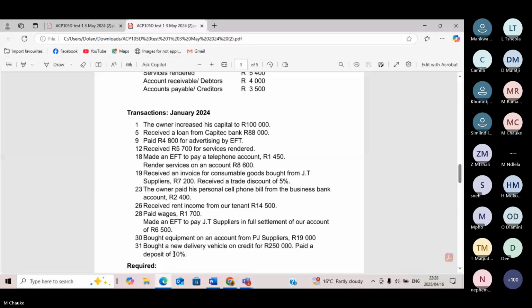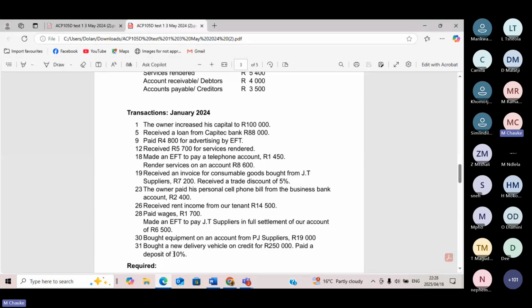Are you with me? An invoice received is an original source document that indicates that you've bought goods on credit. So two accounts affected are creditors and consumables.